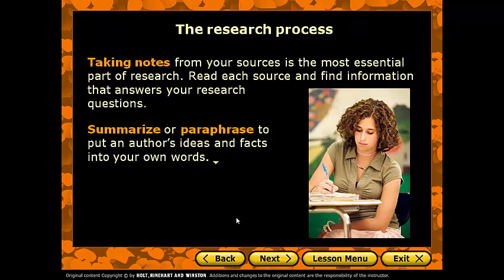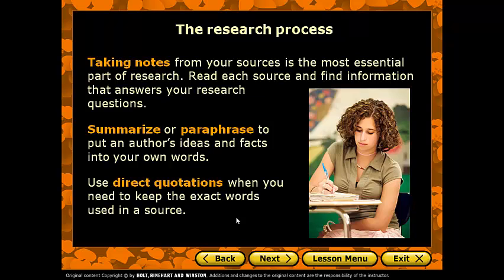We're going to study what makes a summary, what makes a paraphrase, and you're going to practice doing it in your own research. The other way that you can go about taking notes is direct quotes, and this is when you use the exact words that are used in a source. So these are 3 types of notes that you'll be taking.